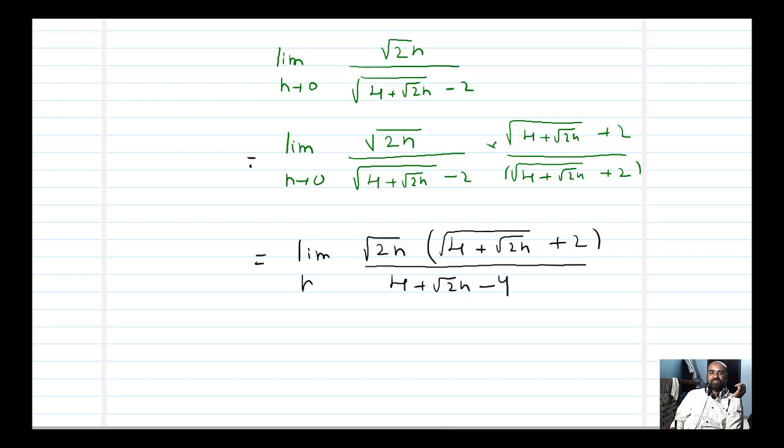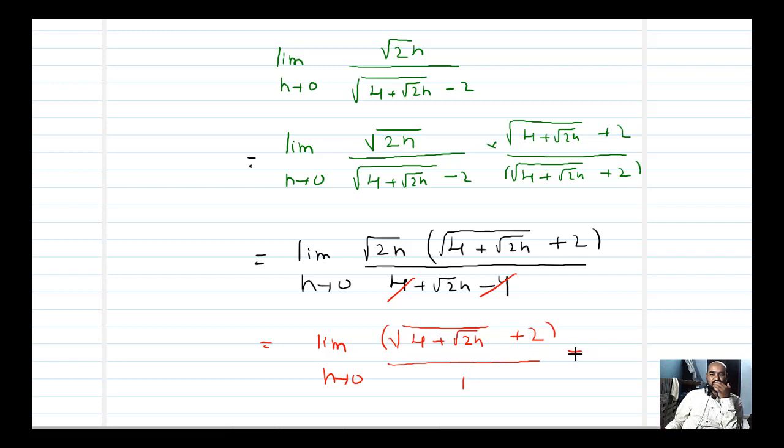So what will we get directly? Limiting value of root over 4 plus root 2h, plus 2, by 1, h is tending to 0. So I will write here: 4 will get 4 after substituting.